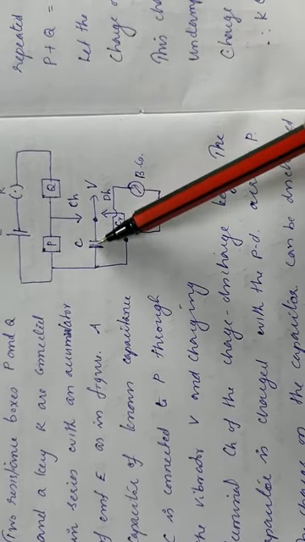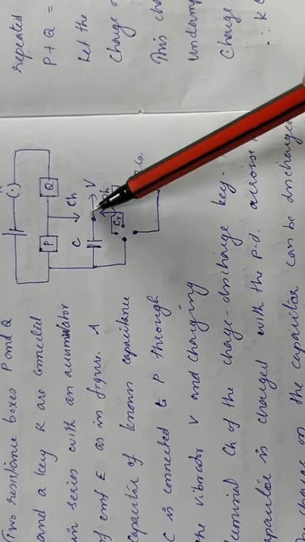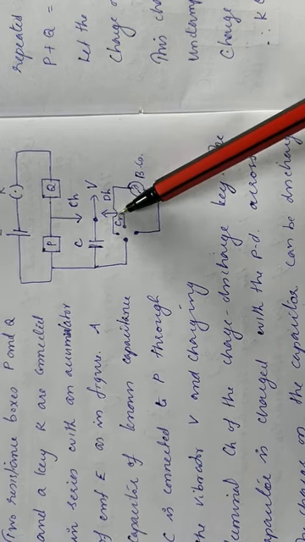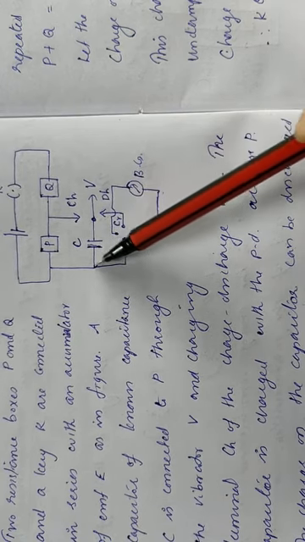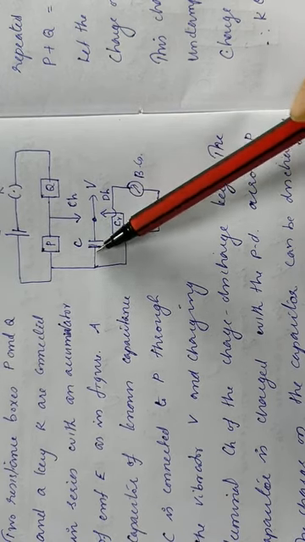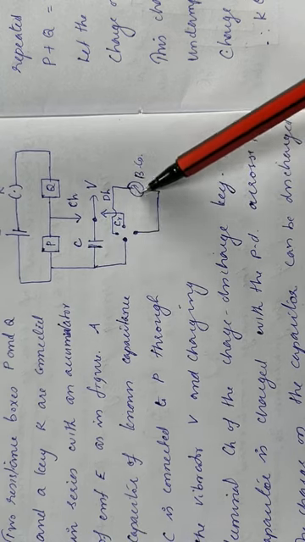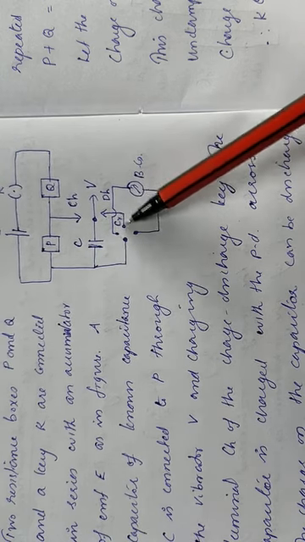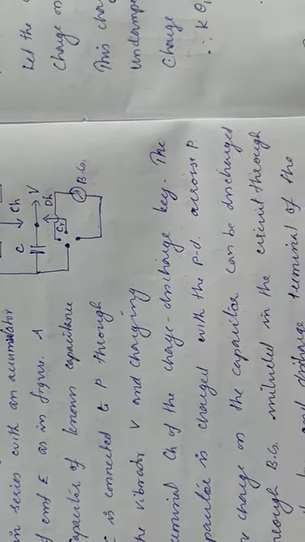So this is the capacitor which is connected to the BG through the discharge key and the vibrator. So this charge accumulated on the capacitor can be discharged through the BG through this discharge key and vibrator.